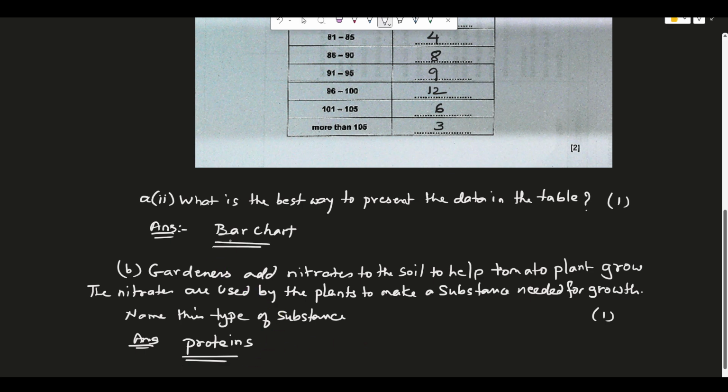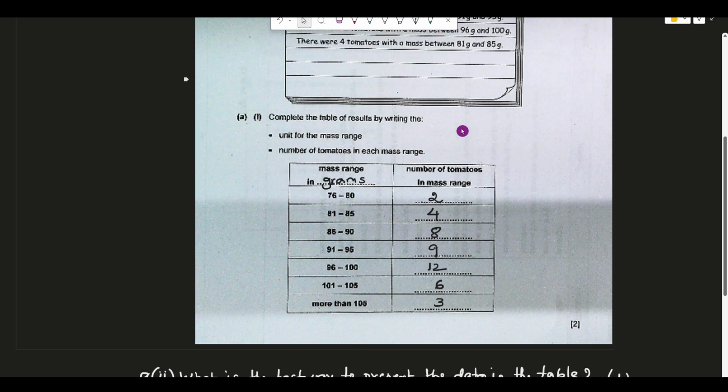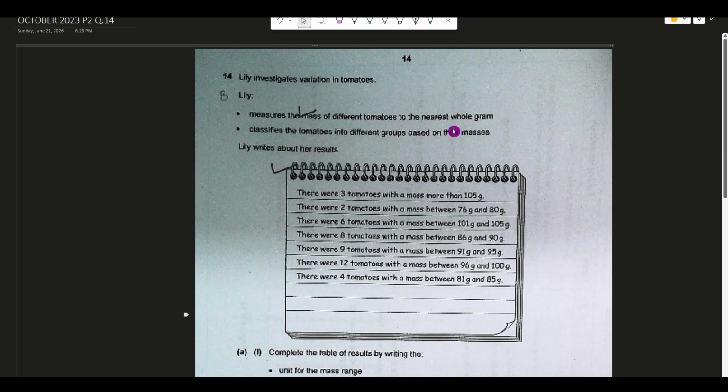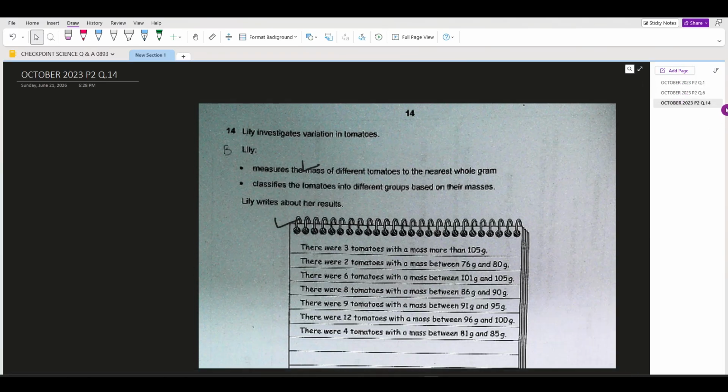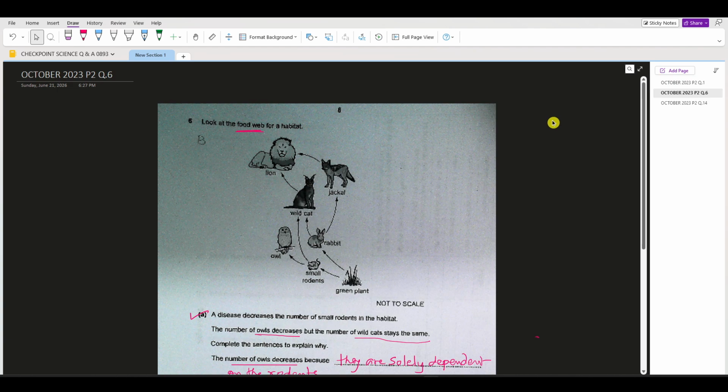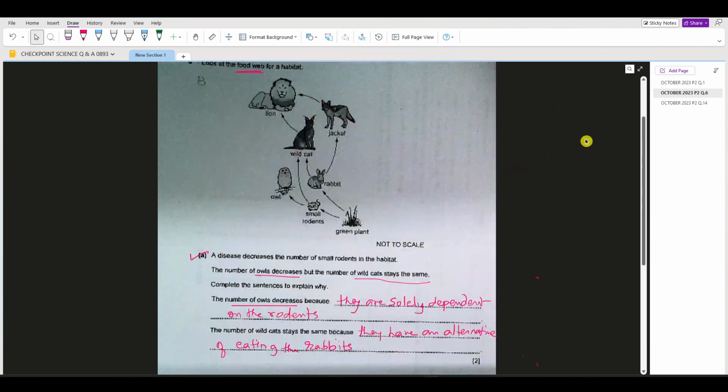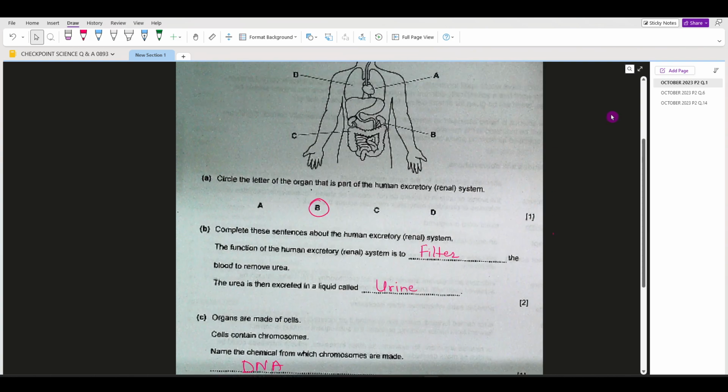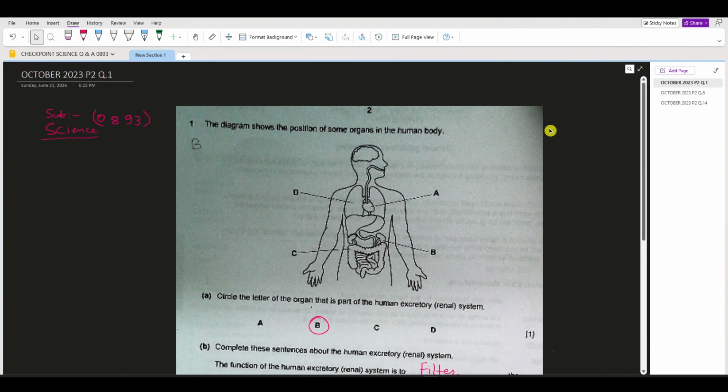With this, I am going to end today's video. Basically we have solved 3 questions. This was question number 14, then we solved question number 6 also, and we solved question number 1. Coincidentally, all these 3 questions were related to biology.